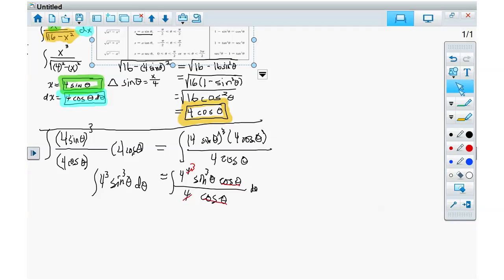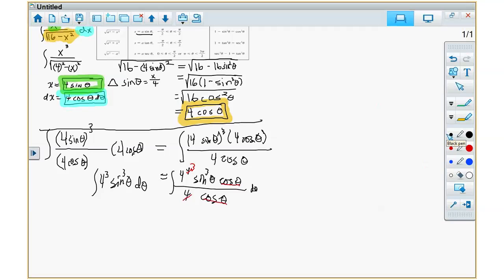Now, let's see, we've got 4, you can pull that out, 4 cubed, and then sine cubed theta d theta. And at this point, you basically have sine cubed theta.